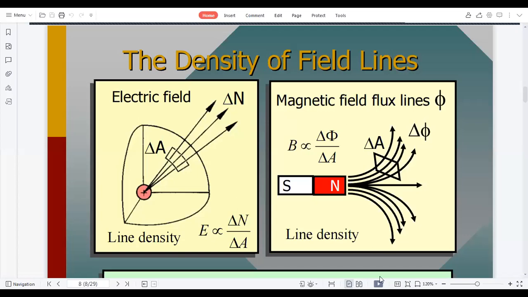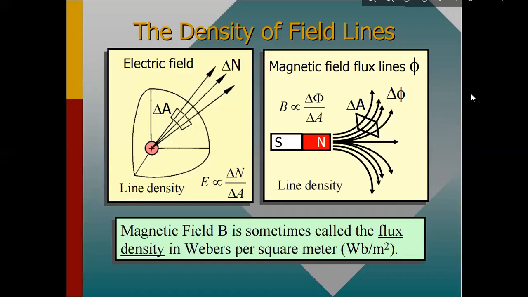This is the density of magnetic field lines. Like the electric field configuration, this is the magnetic flux line density, which is proportional to delta n divided by delta A, that is, lines per unit area.